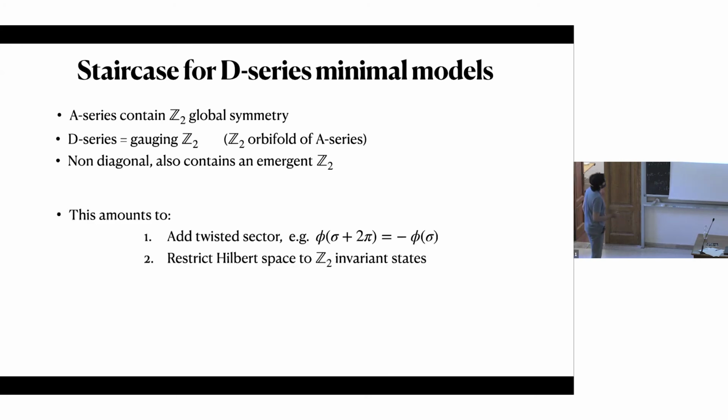The A series contains a Z2 global symmetry, so you identify states up to Z2. As usual, when you consider an orbifold, you have to add a twisted sector and restrict the Hilbert space to Z2 invariant states. That's what it means to gauge.